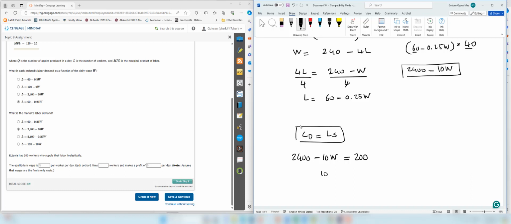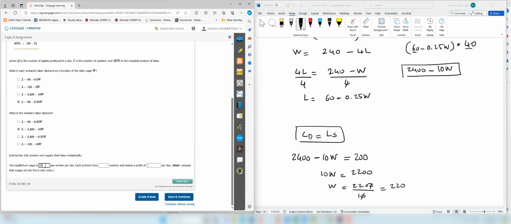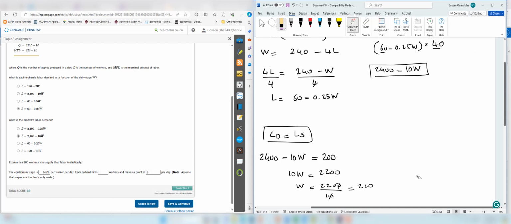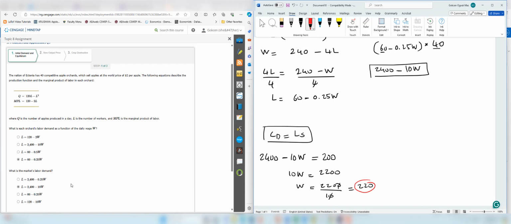So 10W is 2,200, and therefore W is 2,200 divided by 10, which is equal to $220. So we find the equilibrium wage rate, which is $220. In order to find the number of workers each orchard hires, we need to take this wage and plug it into the labor demand function for each firm.